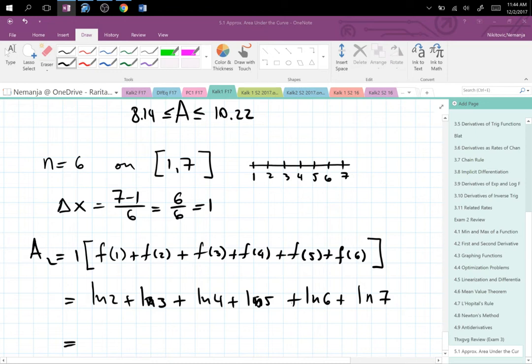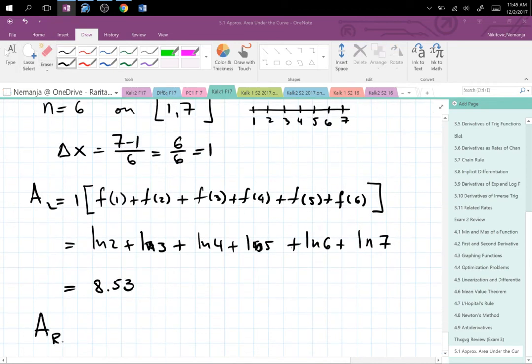Remember to close parentheses after every ln. That gives 8.53.